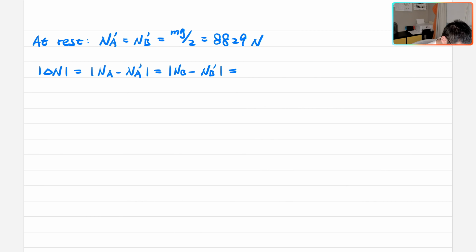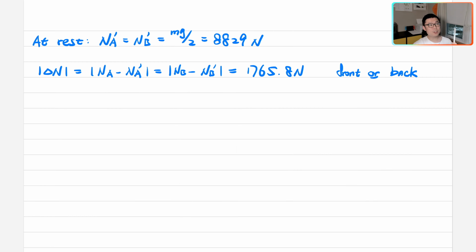The absolute difference is 1765.8 Newton. So this is a delta N, the force either compressing the spring or stretching the spring, the same force. So this is front or back.